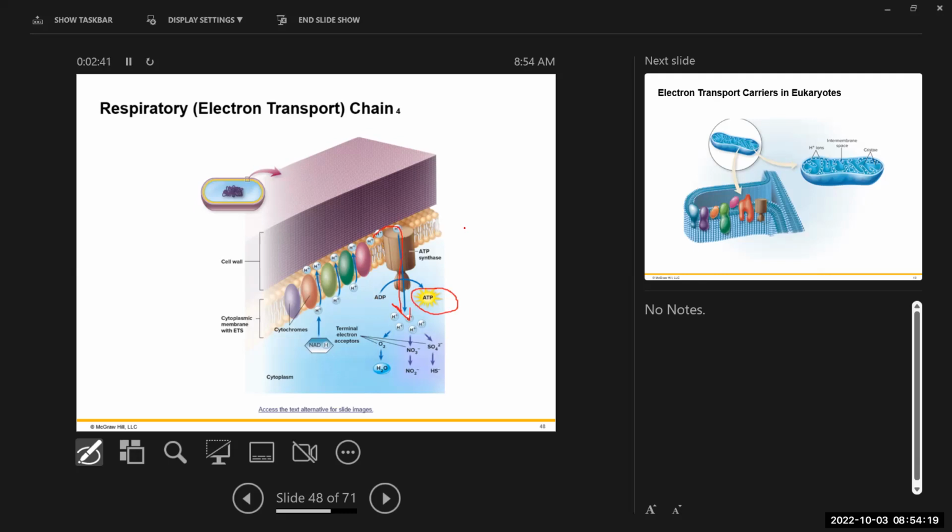This process whereby you use a proton motive force generated by an electron transport chain to generate ATP, that is called either cellular respiration or oxidative phosphorylation.